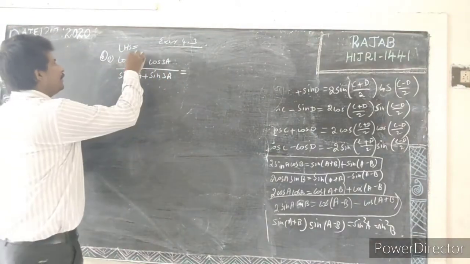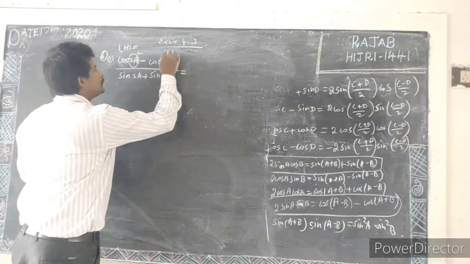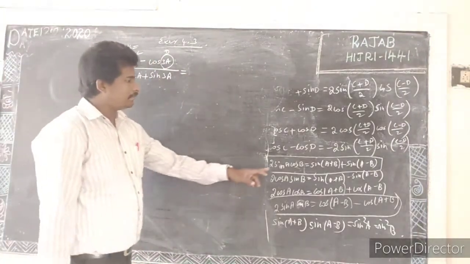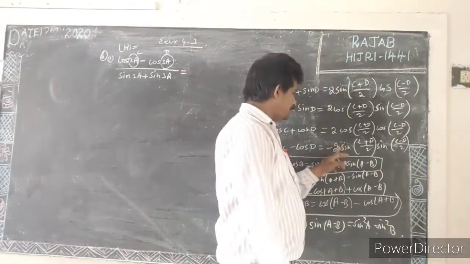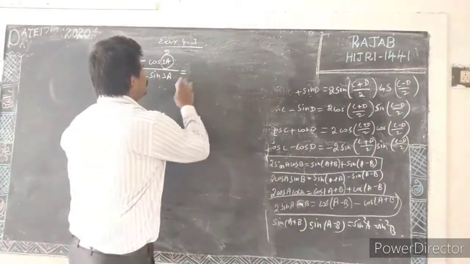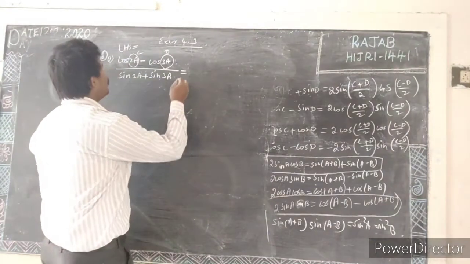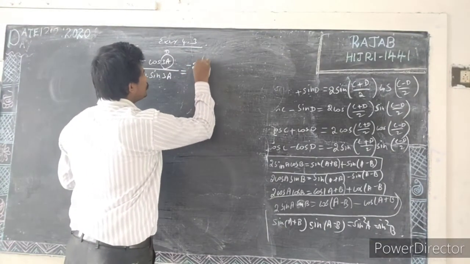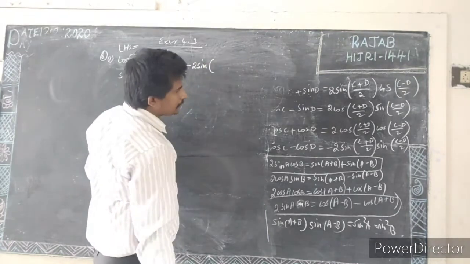Instead of c, here we are having 2a. Instead of d, here we are having 3a. So cos c minus cos d equal to minus 2 sin c plus d by 2 sin c minus d by 2. By using the formula, we can write the numerator as minus 2 sin c plus d by 2.